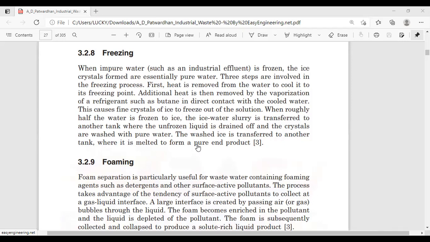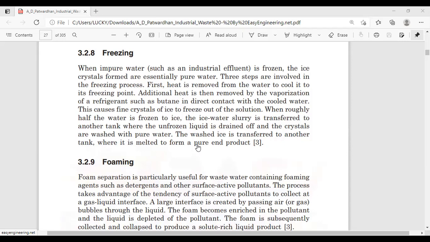When impure water, such as an industrial effluent, is frozen, the ice crystals formed are essentially pure water. Three steps are involved in the freezing process.